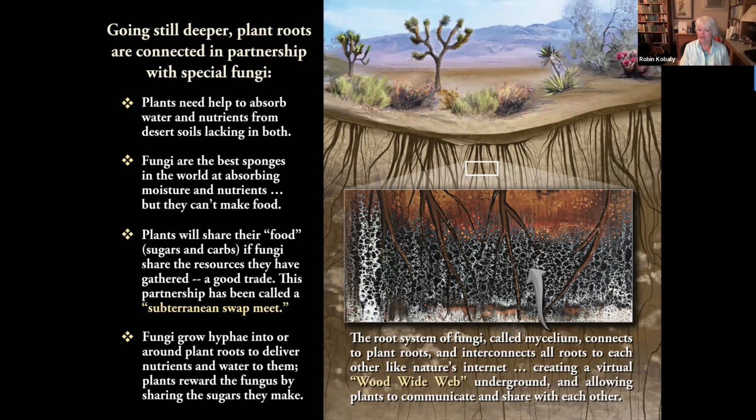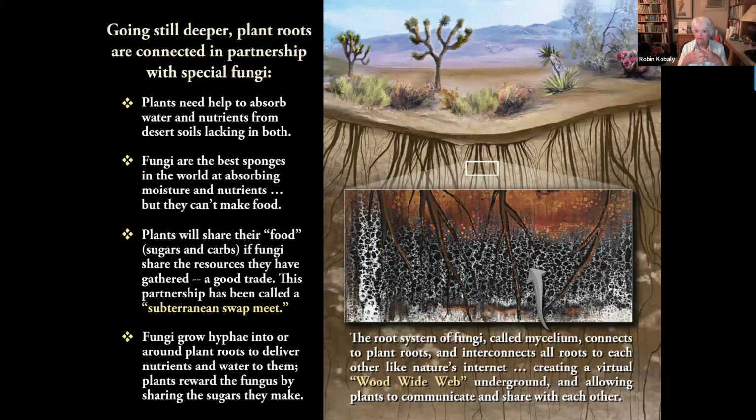They're low in nutrients and they're very low in moisture. So the plants can make the food, but have a hard time absorbing everything they need. And the fungus can absorb everything, but they can't make their food. So it's kind of like a logical conclusion. What would happen if those partners got together?